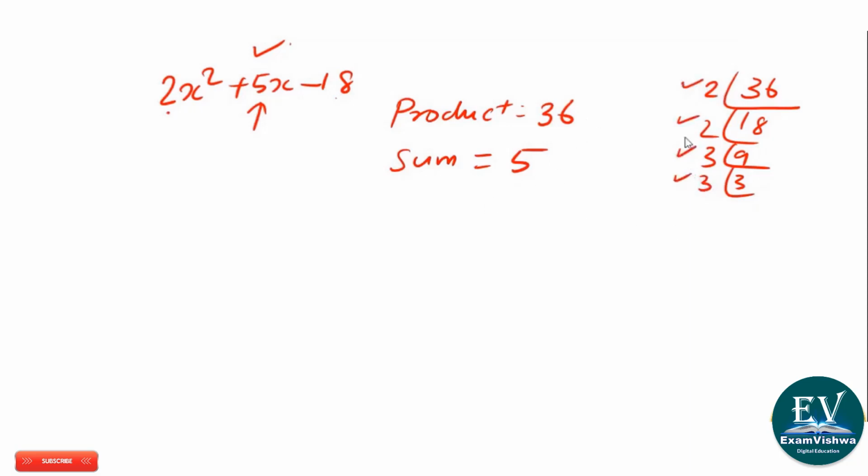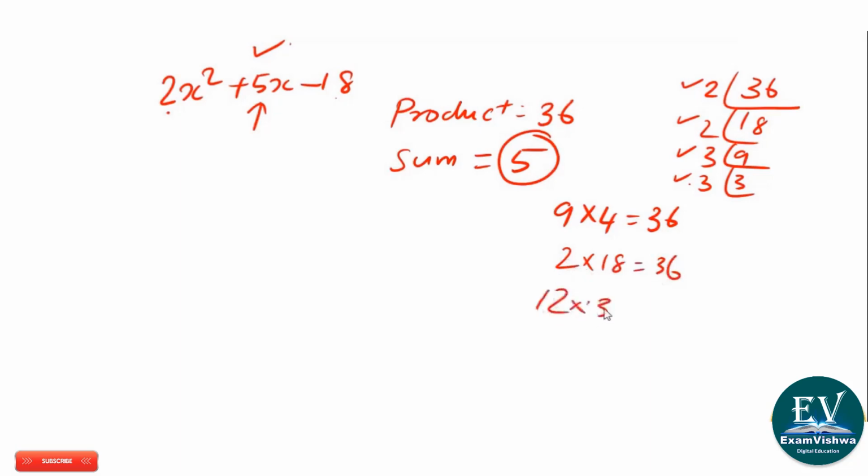How can we arrange 36 in such a way that the sum is equal to 5 and the product is equal to 36? It can be 9 into 4, it can be 2 into 18, it can be 12 into 3.